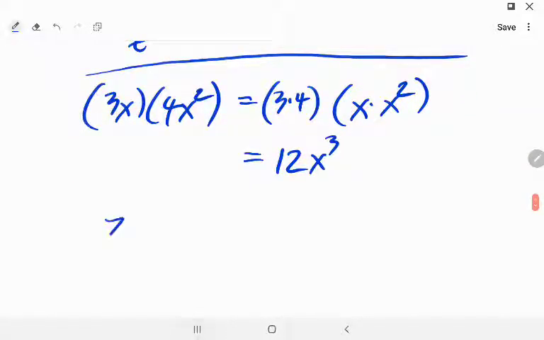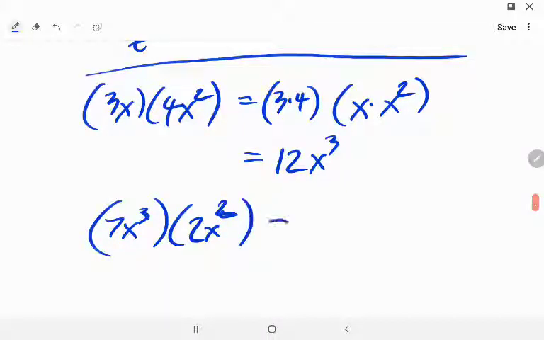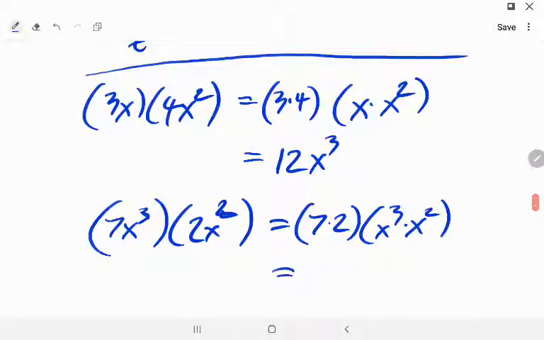And so if we had 7x to the third times 2x squared, we would get 7 times 2, x cubed times x squared, and that gives us 14x to the fifth. So, nice and neat.